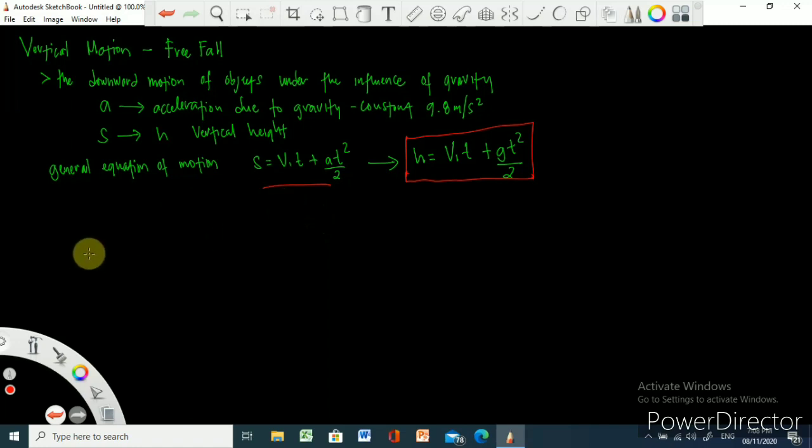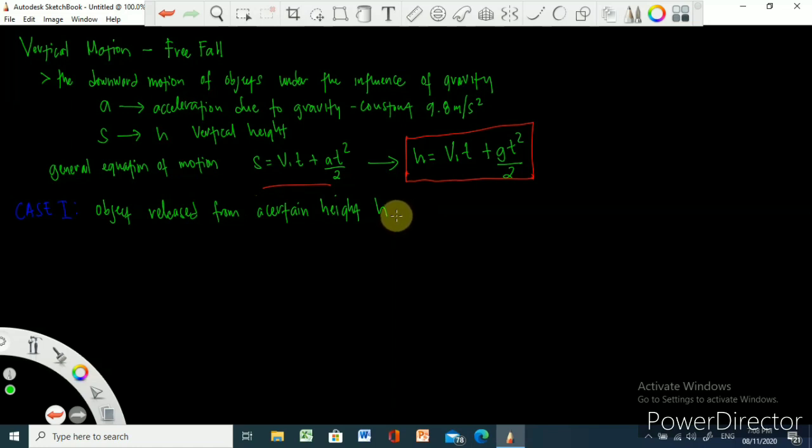Okay? So, for this discussion, hatiin natin ito sa dalawa. So, yung una, case 1. Case 1, object released from a certain height H. Okay?